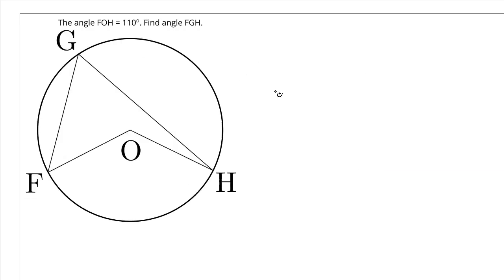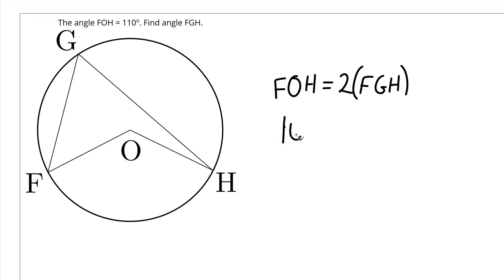Question 2 of that theorem. The angle FOH is 110. Find the angle FGH. Again, from the theorem we know that the angle at the center, FOH, is twice as big as angle FGH. We know that FOH is 110, so 110 degrees is equal to 2 of FGH.